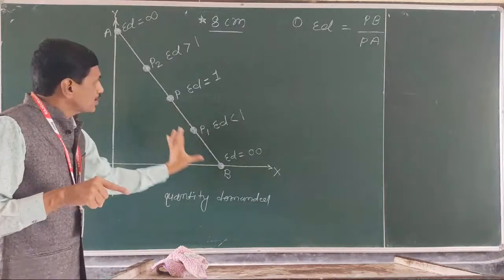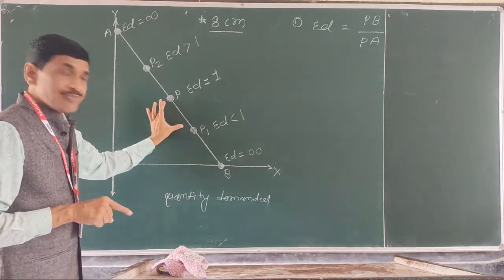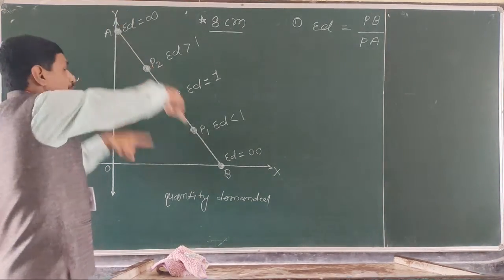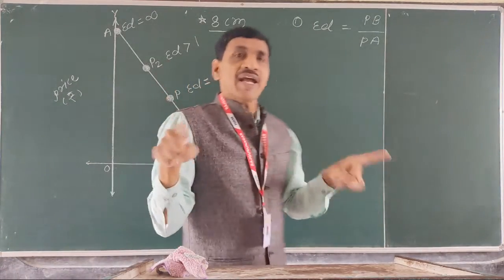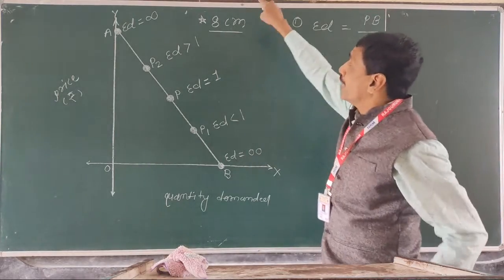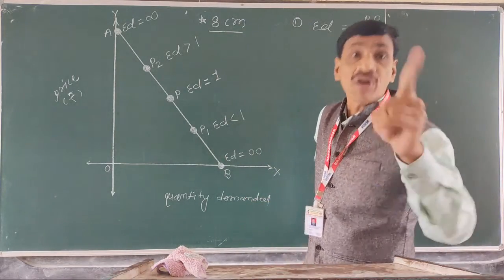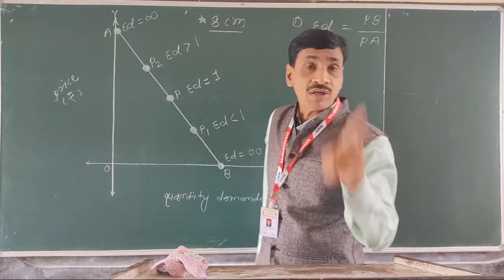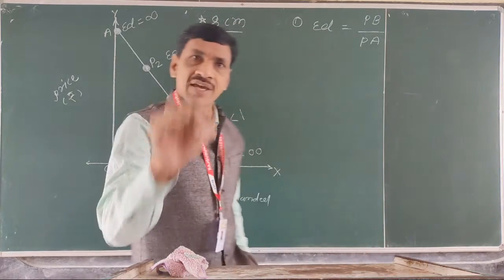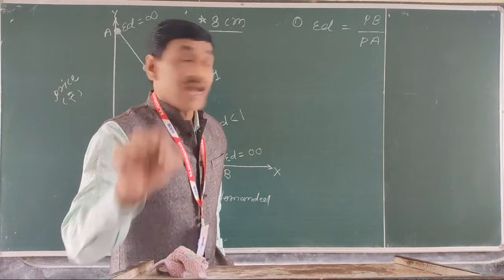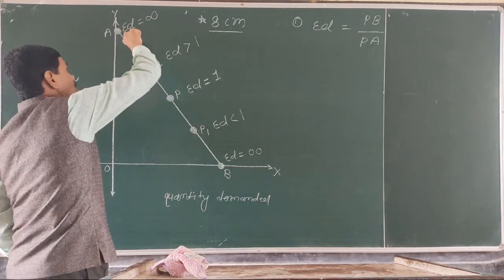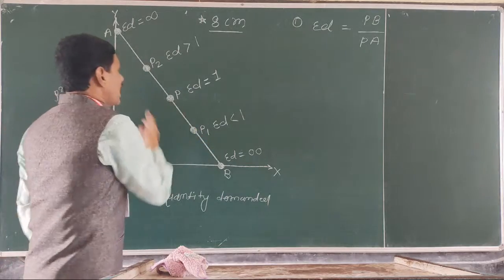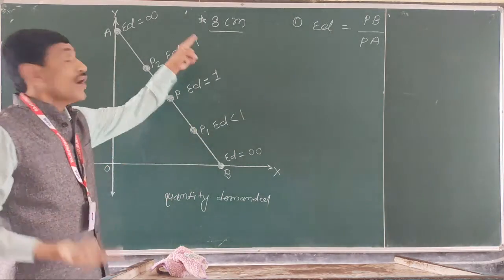It is only an assumption. Each portion is 2 centimeter: 2 plus 2 is 4, plus 2 is 6, plus 2 is 8. So the length of AB, the linear demand curve, is 8 centimeter, and the summation of all the portions is equal to 8 centimeter.